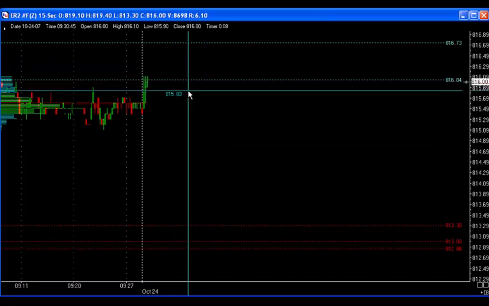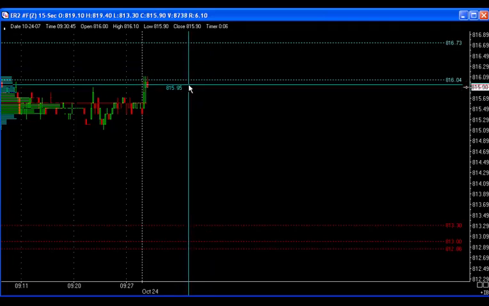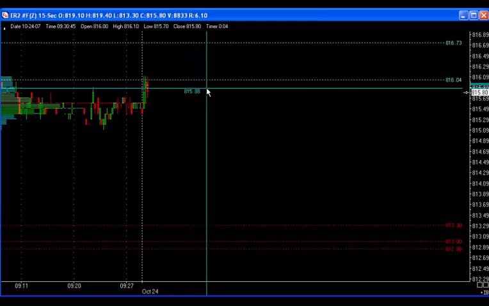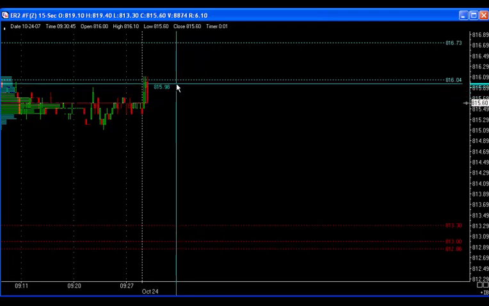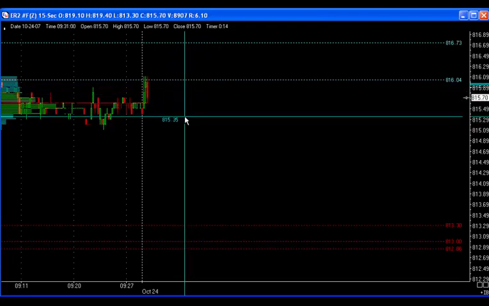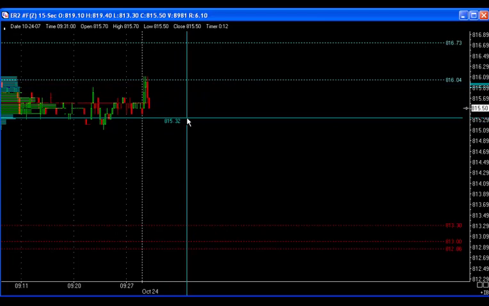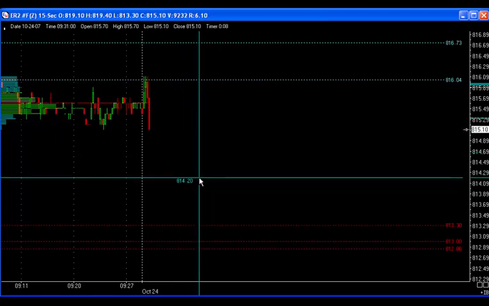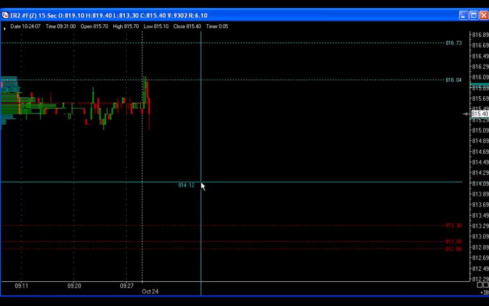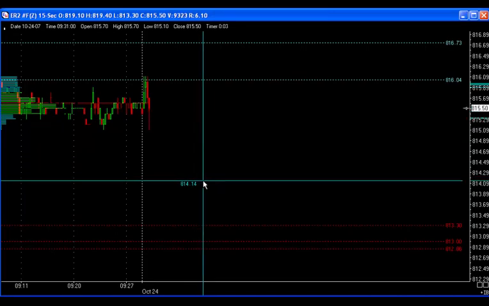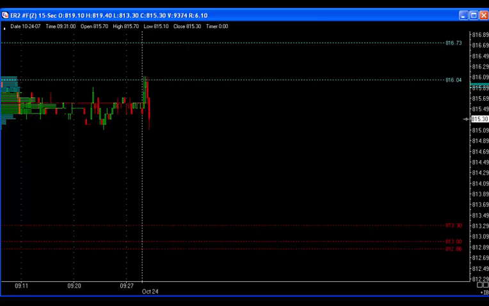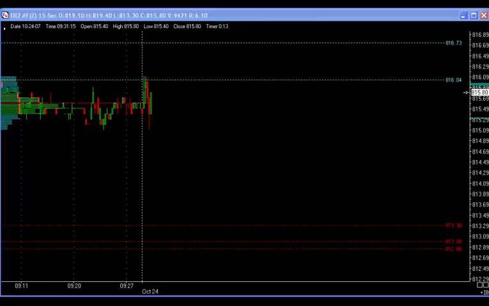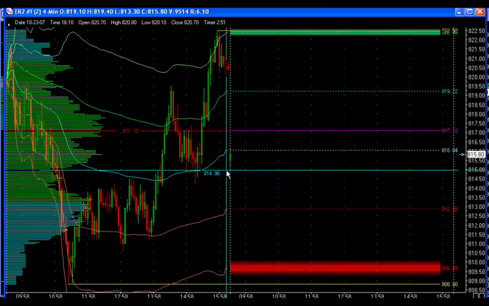You see the price action touching the 816.04 VWAP from a previous chart, bounce off, prices head back down. That 816.04 comes from yesterday's data.